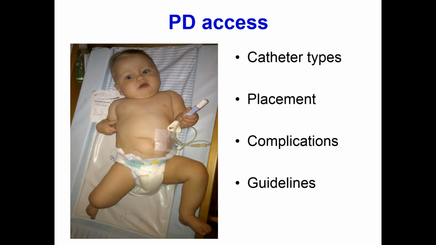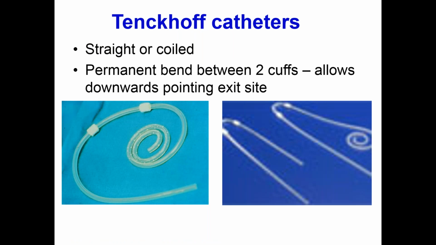So, access for PD. You see this picture of this lovely little boy here showing off his PD catheter. Let's look at different types of catheters, their placement, complications, and guidelines. Tenckhoff catheters can be either straight with this sort of swan neck, or coiled, or a combination of the two. On the catheter end, as you see here, there are multiple small openings to allow for multiple exit sites for the fluid.